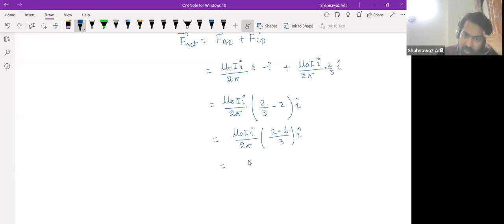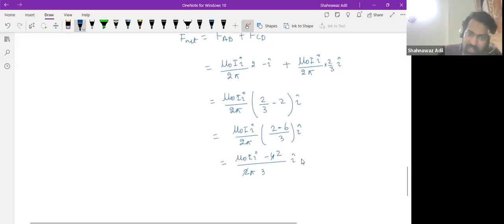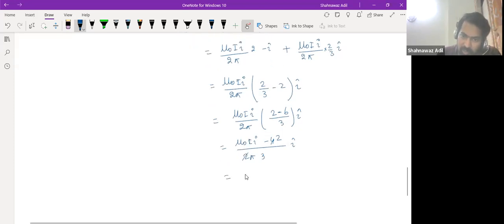So this is mu naught I times minus 4 divided by 2 pi 3 I hat. So this 2 will cancel, and we will get the magnitude as mu naught I 2 by 3 pi in minus I hat direction. So this is F net.